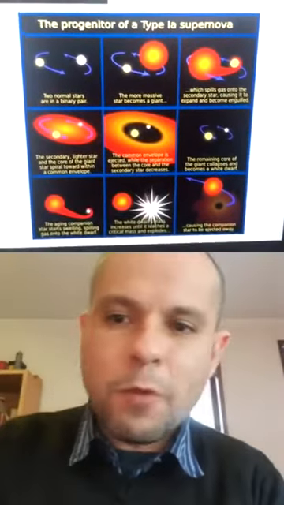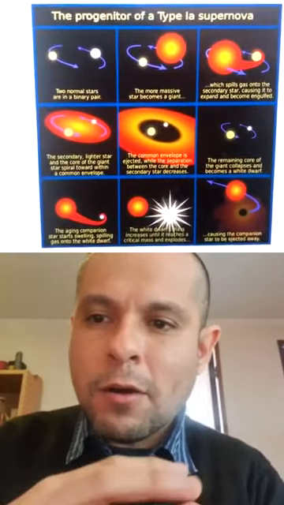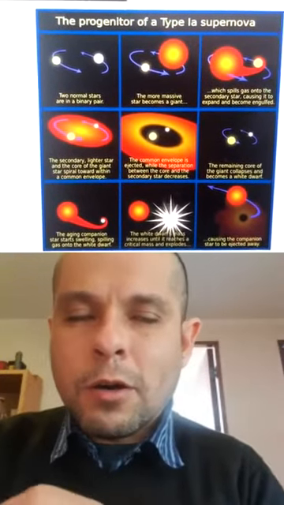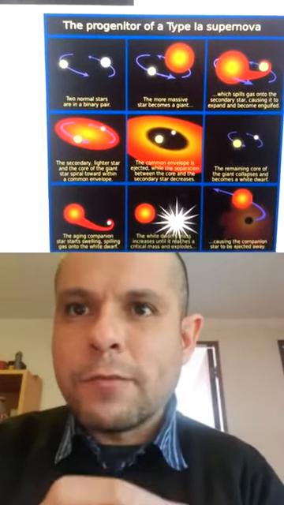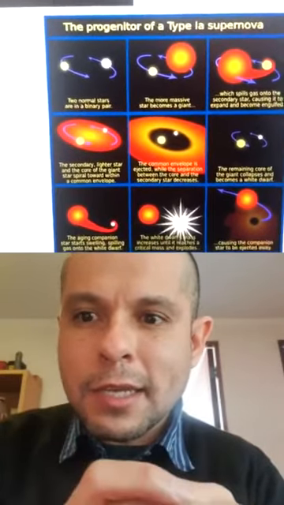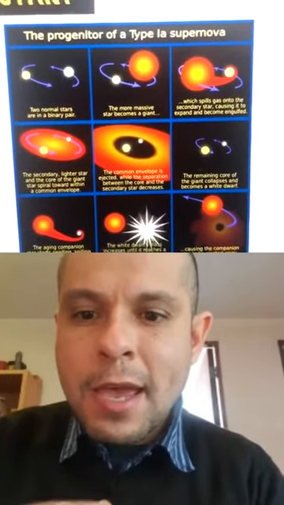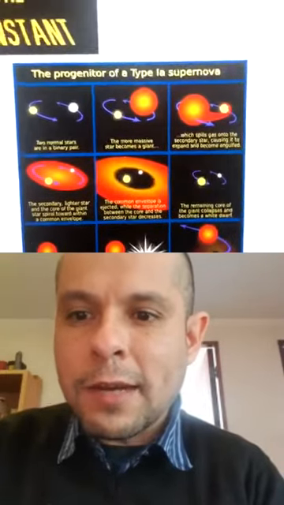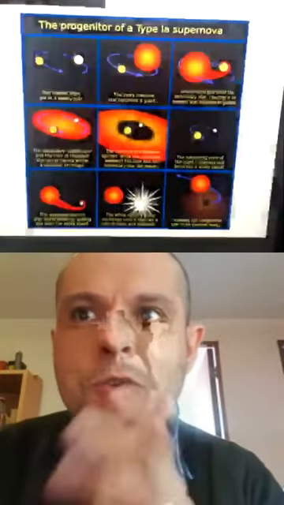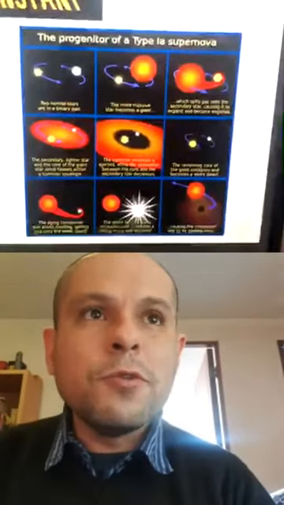That's from a disk. And actually, when the amount of mass of this disk reaches some critical value, it starts nuclear reactions of that material, and the star explodes. These explosions are very interesting because they can be used for measuring distance.